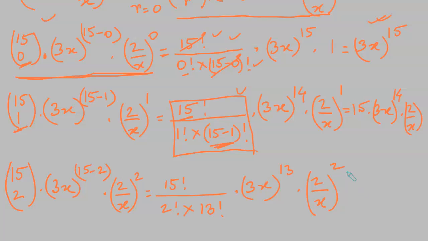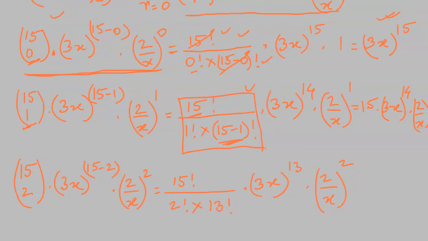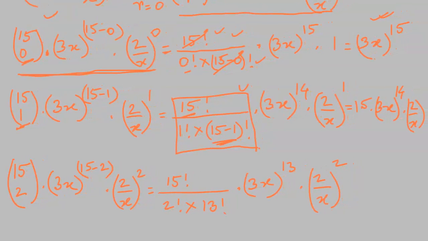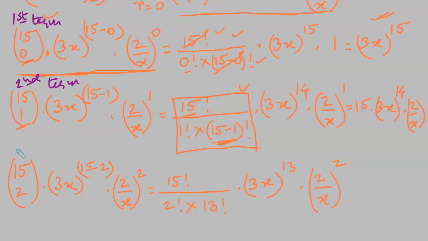They did not ask us to simplify, so we leave it as it is. These are the first three terms. Let me take another color. So this is the first term, this is the second term, and this is the third term.